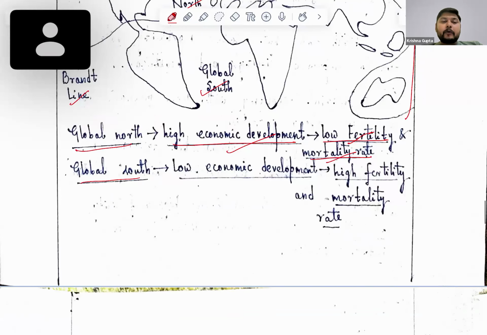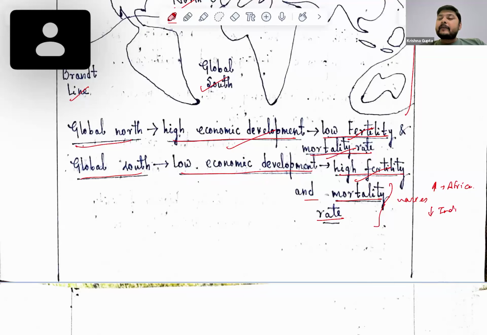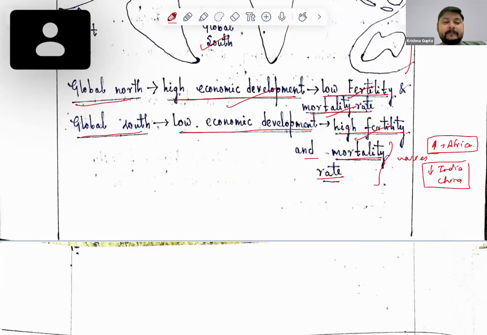Global south: low economic development, high fertility, and mortality rate varies. It can be either high or low. For example, in the region of Africa, it is high. In India and also China, it is low. So we will be putting this in the form of a case study.